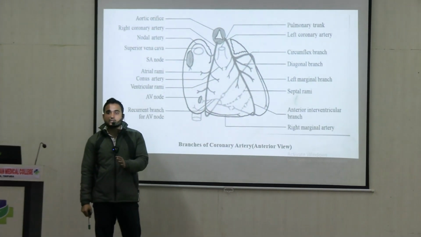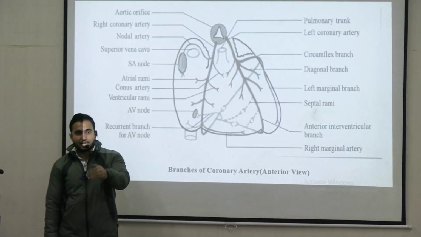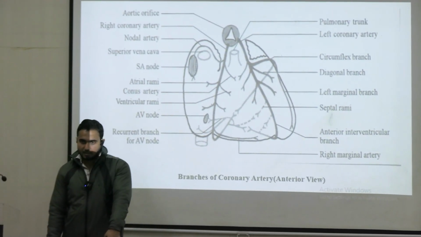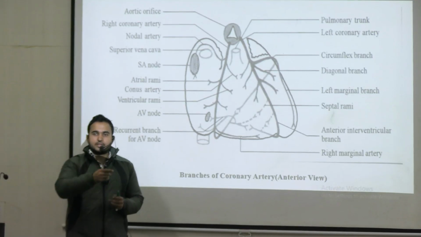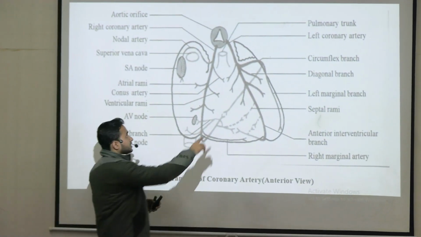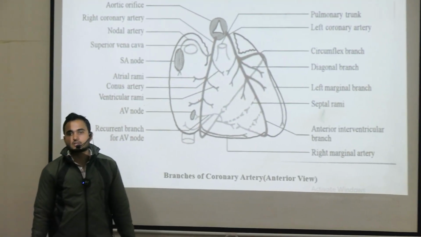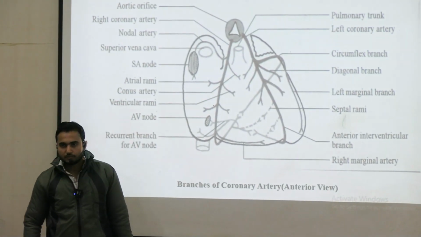Why anterior? Because it is on the sternocostal surface. That's why it is called left anterior descending. नीचे जा रहा है. ठीक है. And circumflex means it is winding around the left border. You can see it is winding around the left border and then going posteriorly. That's why it is called circumflex.